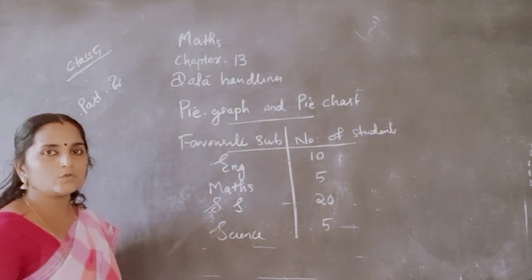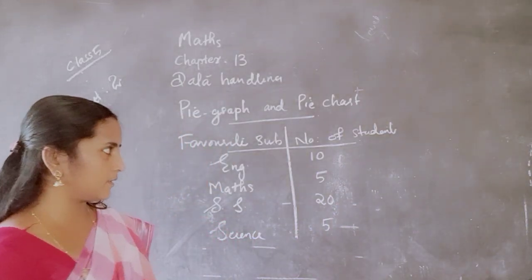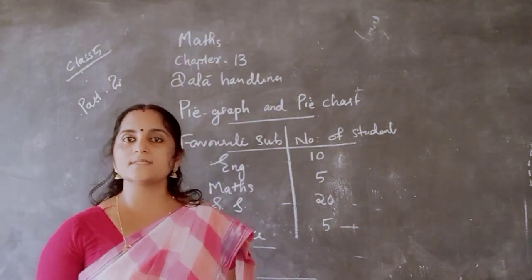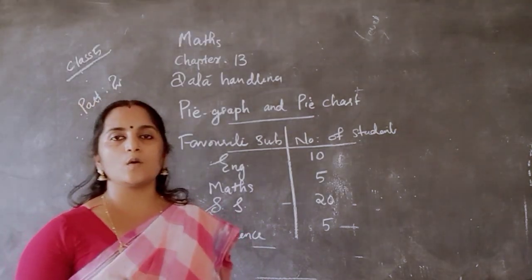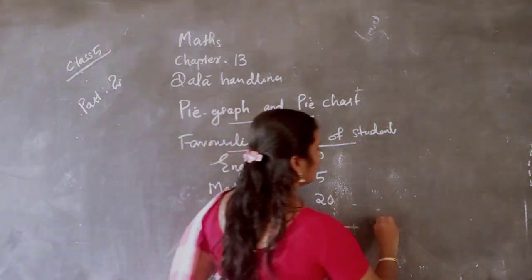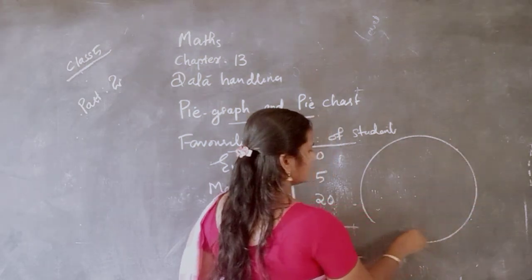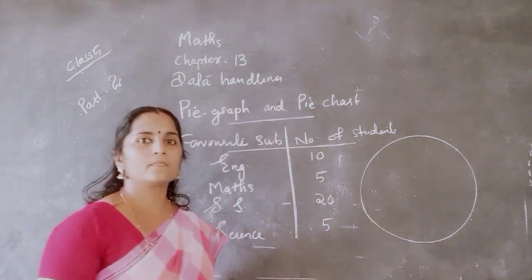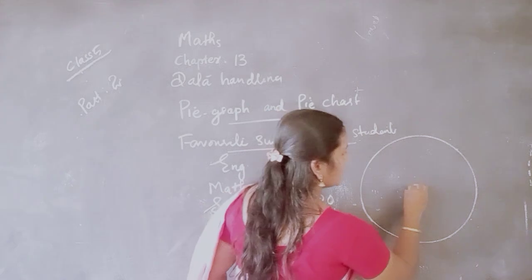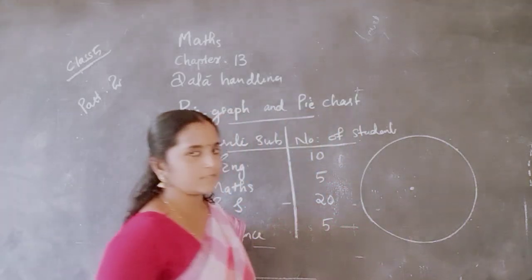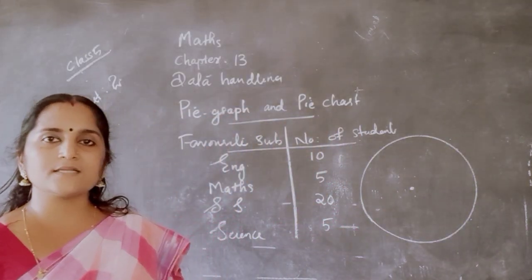Okay, we want to draw a pie chart. First you draw a circle using your compass and ruler. At the time of drawing we have a center also. You mark that center.